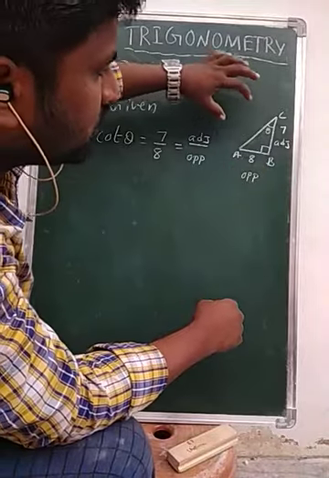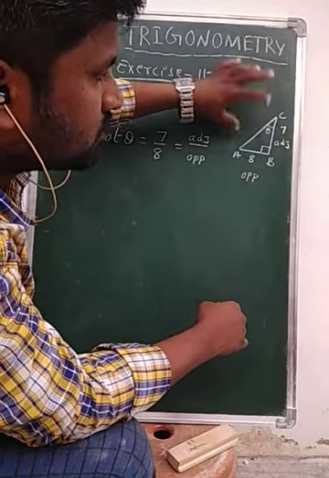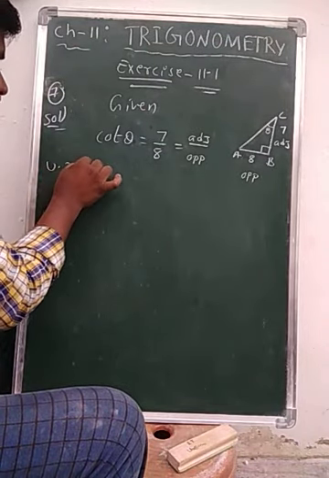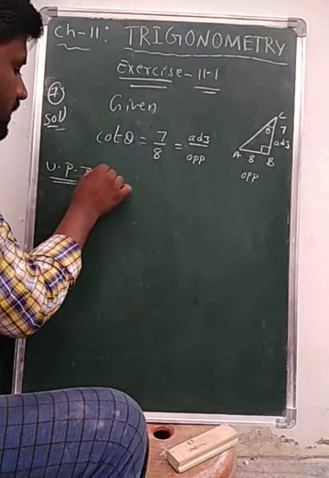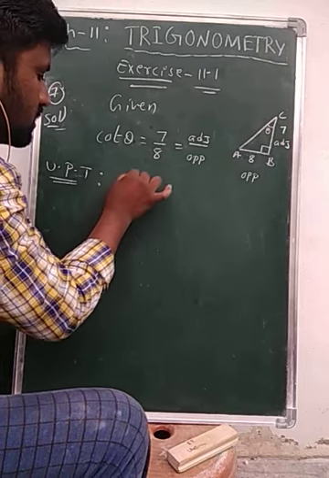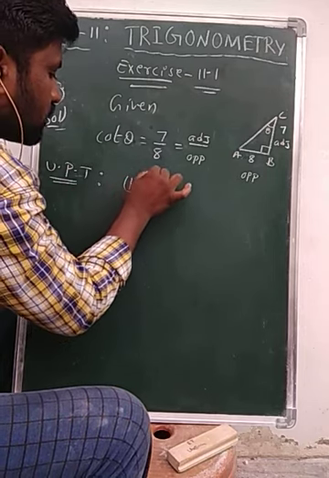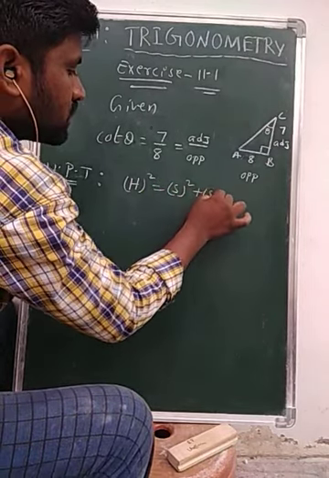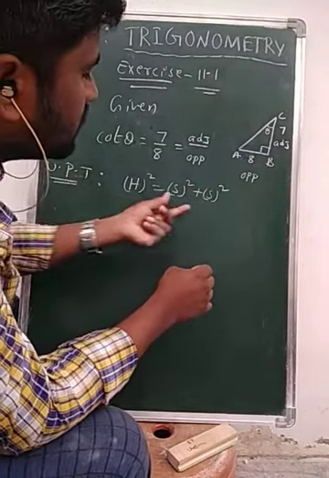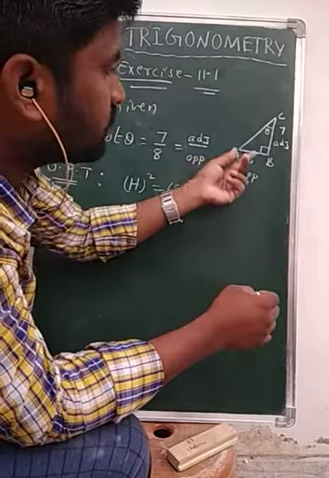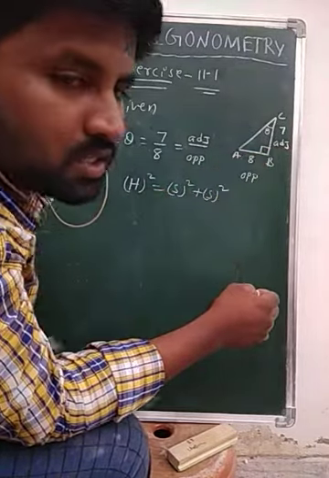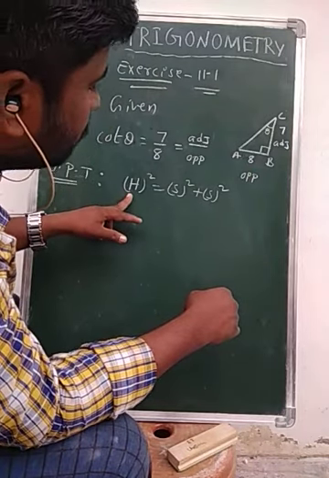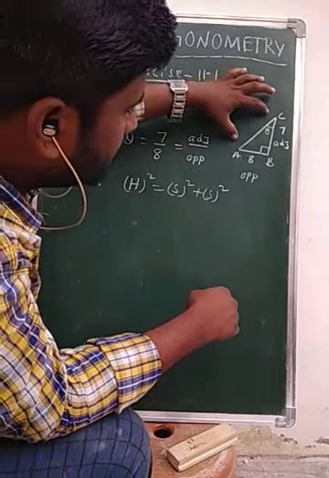We require to find the AC. Using Pythagoras theorem, the square of the hypotenuse is equal to the sum of the squares of the other two sides. H means hypotenuse, S means the other two sides of a right angle triangle. The hypotenuse is AC.